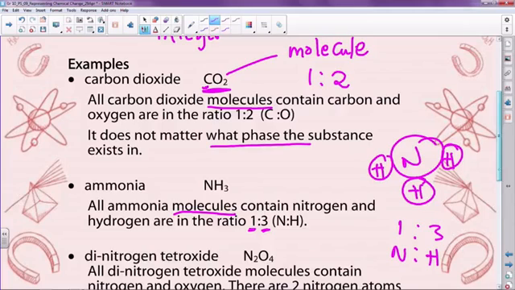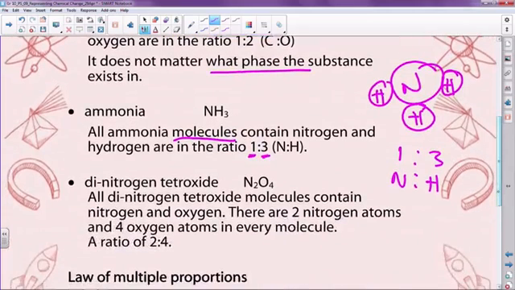So each molecule will consist of atoms in a ratio which is in whole numbers. We can look at more typical examples like dinitrogen tetroxide. Di meaning that there are 2 atoms of nitrogen for every 4 atoms of oxygen in this case. You realize again the ratio is also in integers or whole numbers. So it means there are 2 atoms of nitrogen for every 4 atoms of oxygen in every molecule.